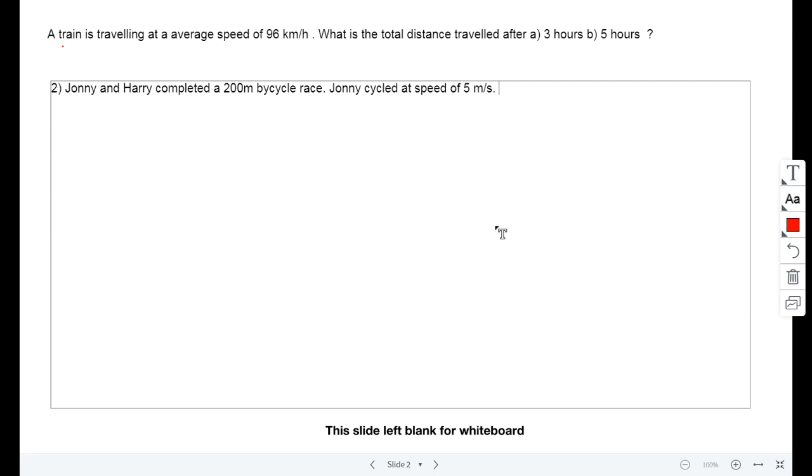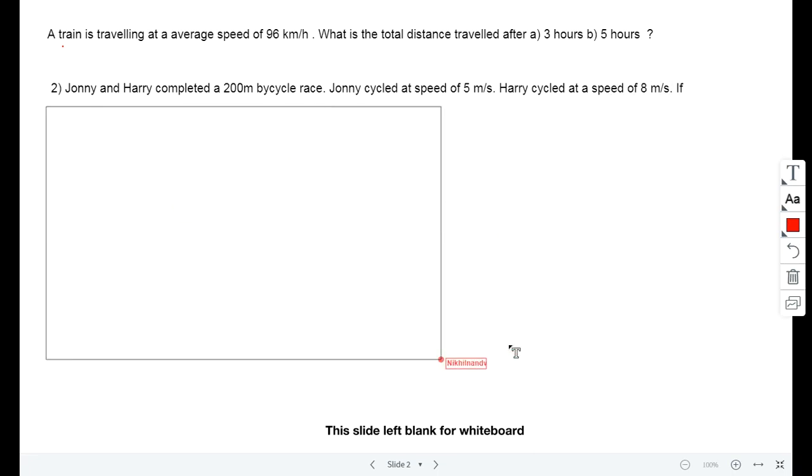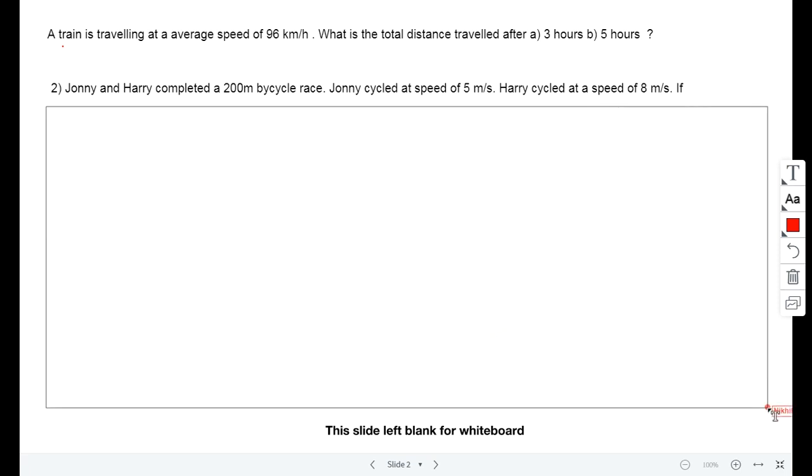Harry cycled at a speed of 8 meters per second. If they started at the same time, A. Find the time Harry took to reach the finishing line, or B. How far was Harry from Johnny when Harry reached the finishing line?